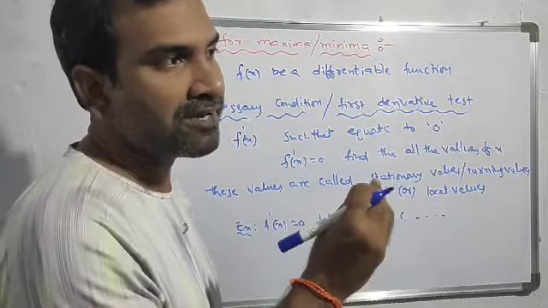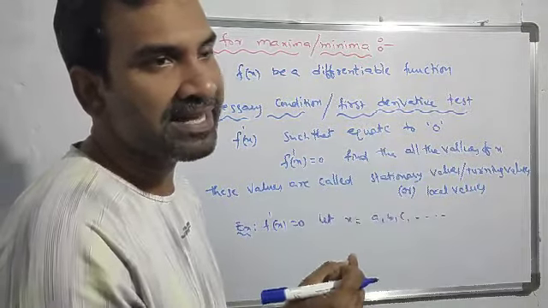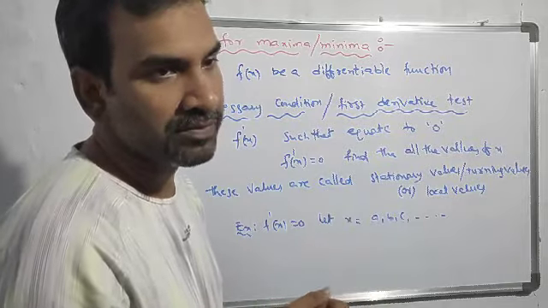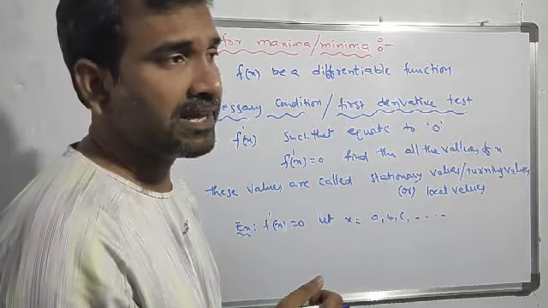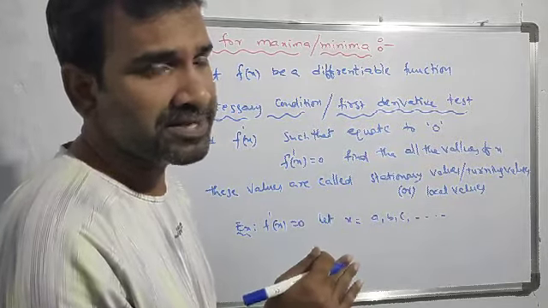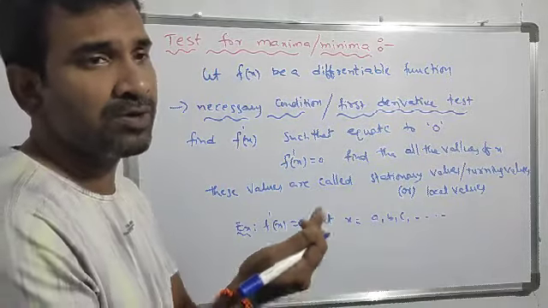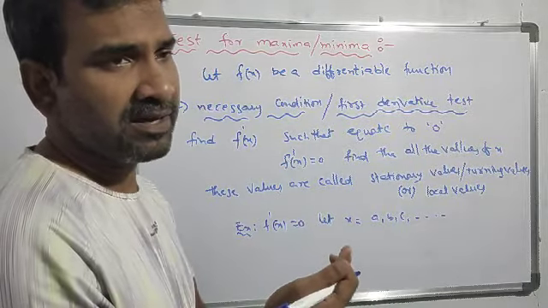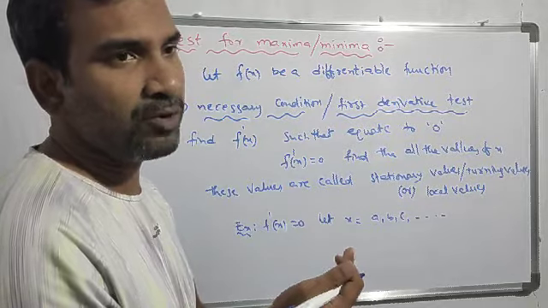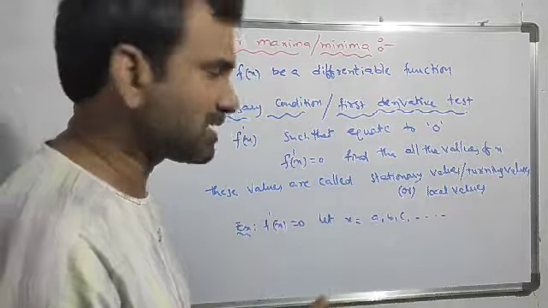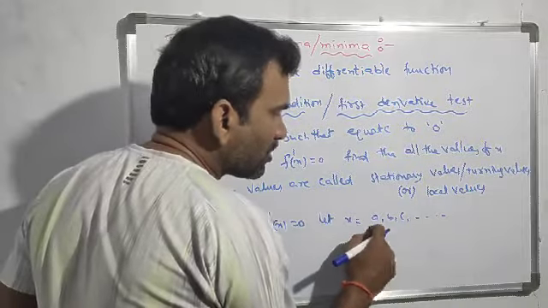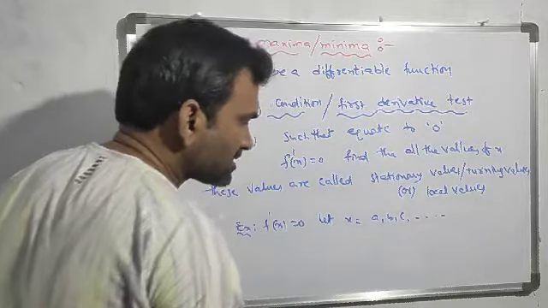If we equate that to 0, we get 2 values of x. Suppose we take a fourth degree polynomial equation, the differentiation gives a cubic polynomial. If that equals 0, we get 3 values of x like that. Here I am taking x equal to a comma b comma c comma like this.